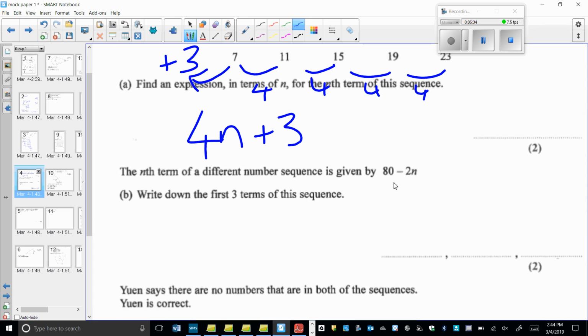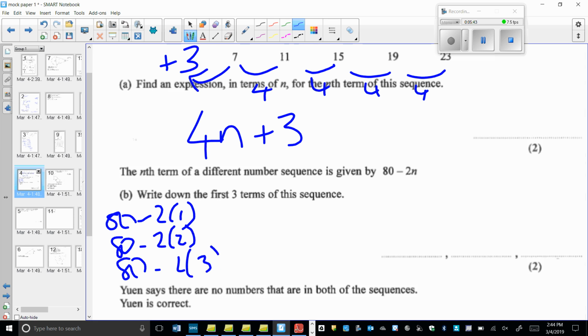To find the second sequence, we would say 80 subtract 2 lots of 1, 80 subtract 2 lots of 2, 80 subtract 2 lots of 3. So it's 80 subtract 2, 78, 76, 74.